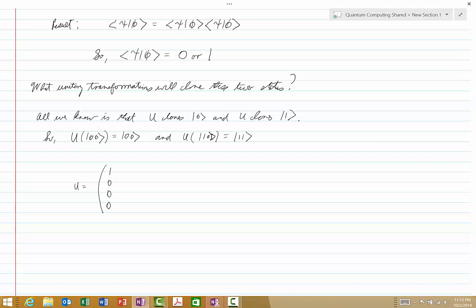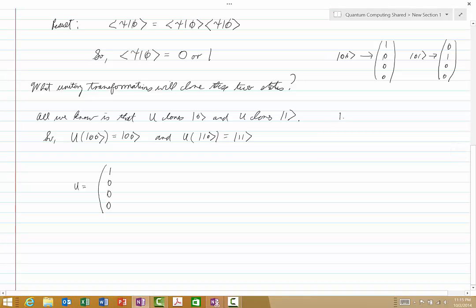Well, let's just review this here. 0, 0 is represented by the vector 1, 0, 0, 0. 0, 1 is represented by 0, 1, 0, 0. 1, 0 is represented by 0, 0, 1, 0.